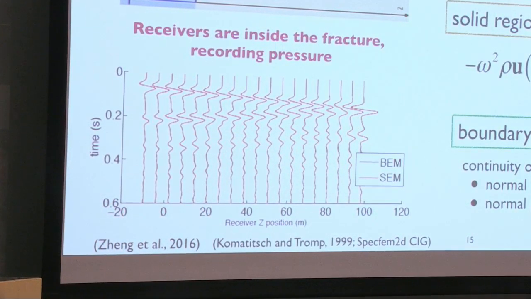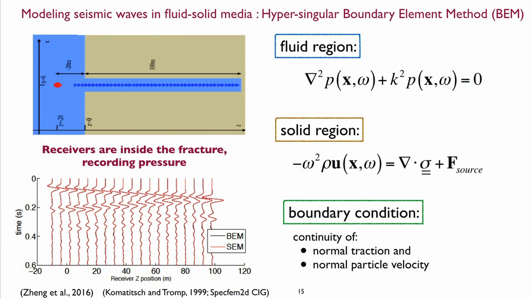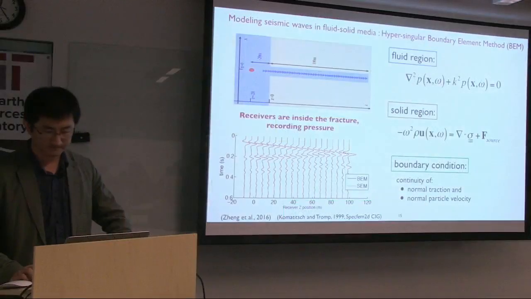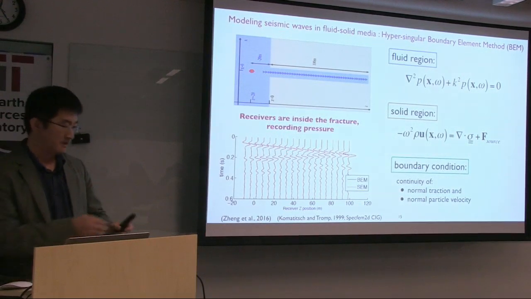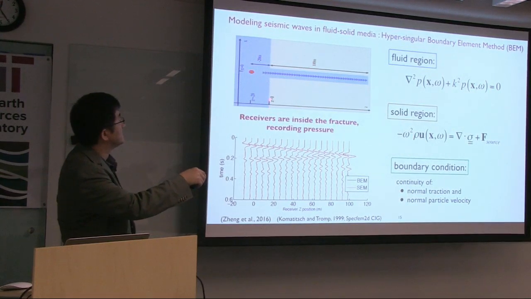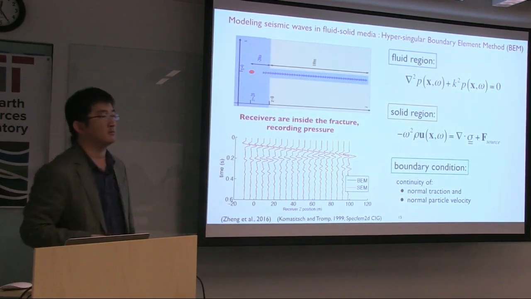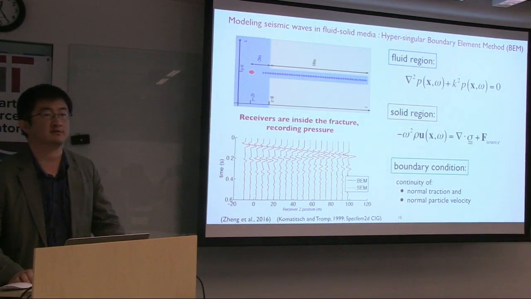Unfortunately, if you make the fracture very thin, the spectral element has difficulty to compute, because you have to decrease the grid to sub-millimeter, and therefore it's a domain method. Even 2D, it takes a very long time to compute. But on the other hand, the boundary element is following the geometry of the boundary. And instead of solving a 2D domain problem, it solves a 1D matrix problem. So that's why it's faster.